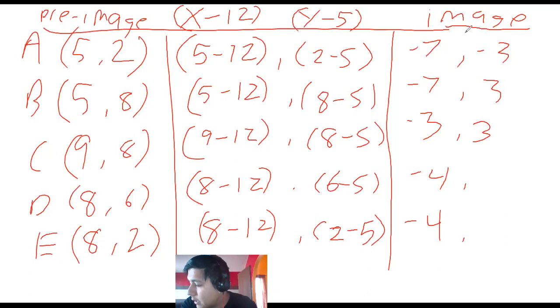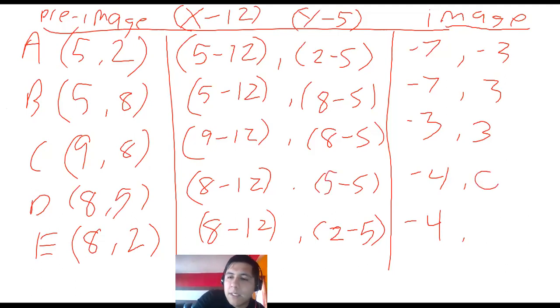And then this should actually be a 5. Sorry, guys. Give me 1 second. All right, so this is 5. That means 5 minus 5 would give us 0. And then 2 minus 5, which is negative 3.